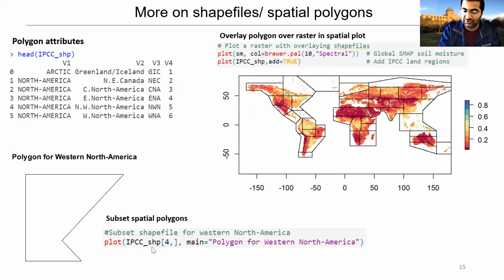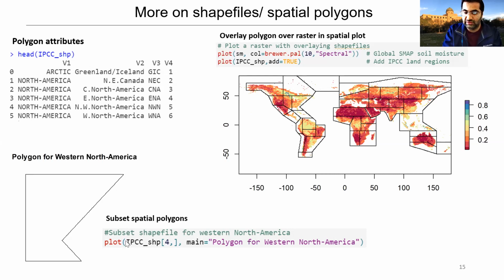So IPCC underscore shape, and just as you would subset any data frame or a matrix, you are just taking the fourth row and all the columns, and that takes out all the data for a specific spatial polygon in this bigger set of polygons. So in this case, I have extracted the spatial polygons for Western North America. If you see over here, it is this patch which covers US Northeast, and we have part of Florida, almost all Florida. And this is the polygon that I want to extract from this larger chunk of data.